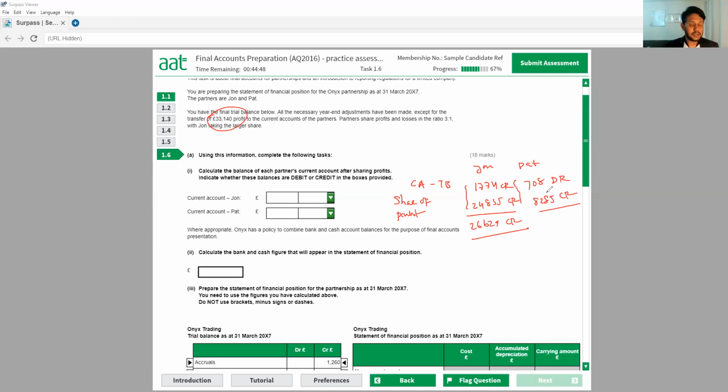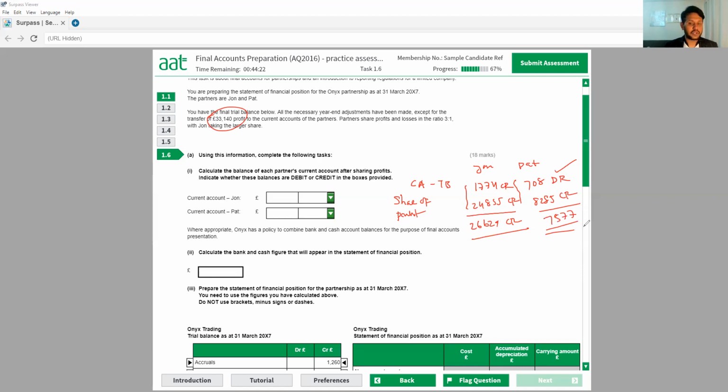But the other one is a little bit tricky because the first one is a debit, the next one is credit. But the credit is higher, so the balance will be credit anyway. So 8,285 minus 708, because debit and credit is like a plus and minus. So 7,577. That's my current account balance.